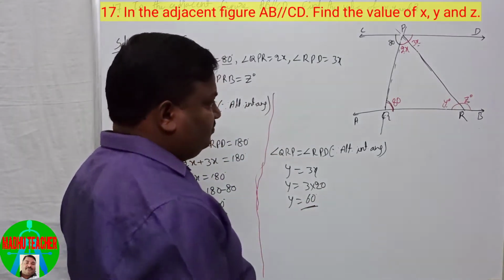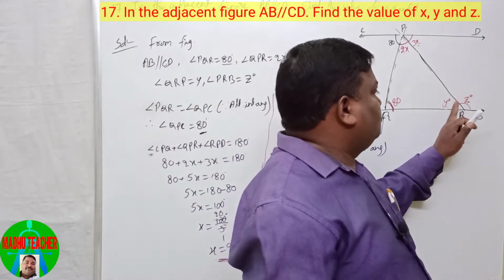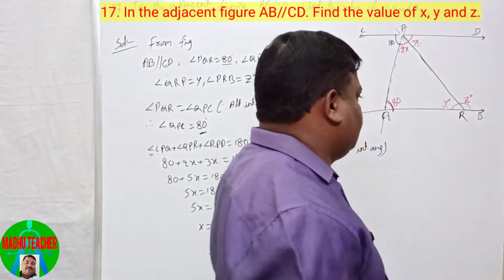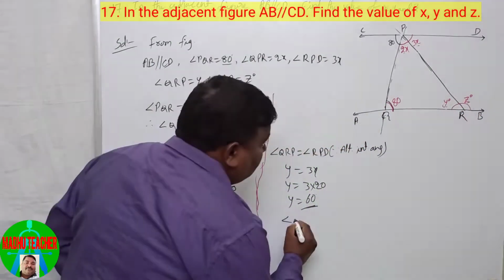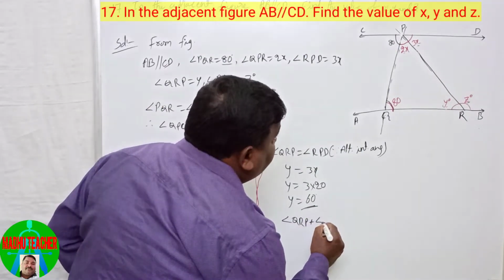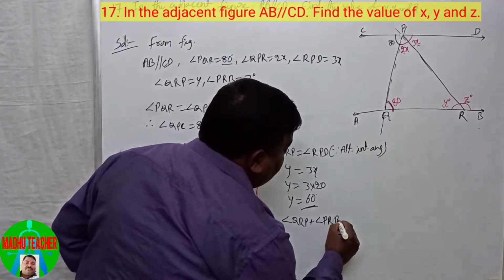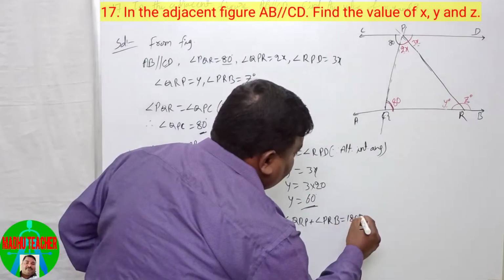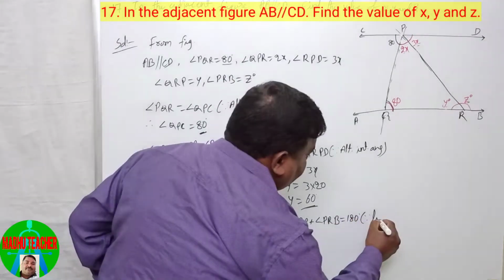Next, by observing, these two are a linear pair. Angle QRP plus angle PRB equal to 180 degrees, since linear pair.